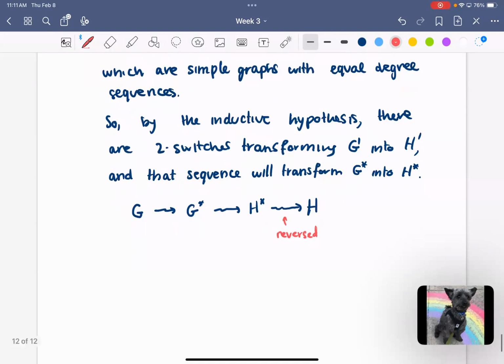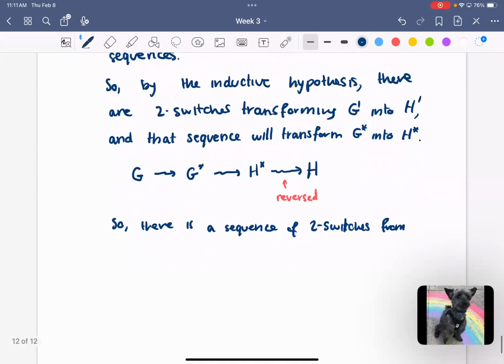So there is a sequence of two switches from G to H. And that finishes the proof. Are there questions?